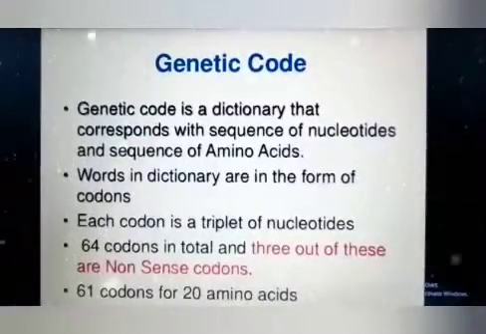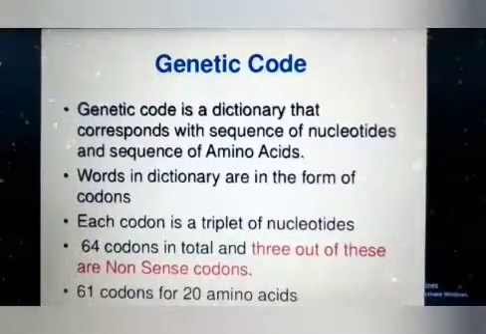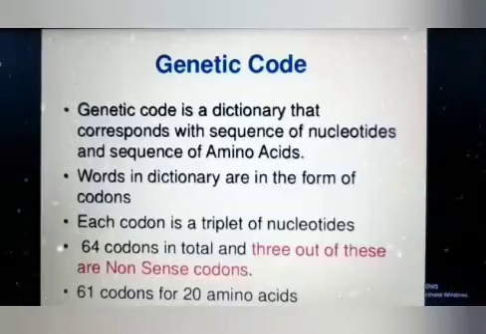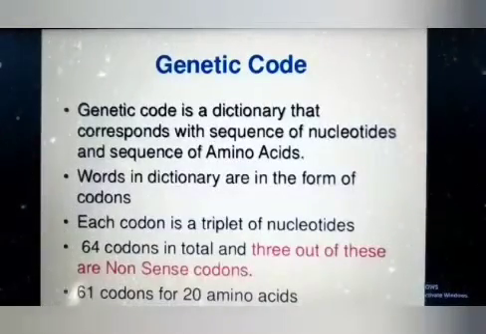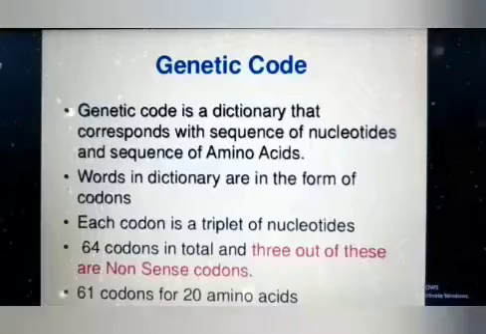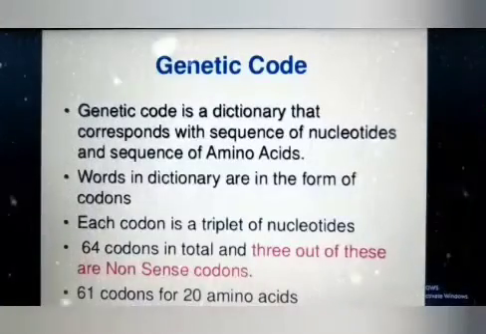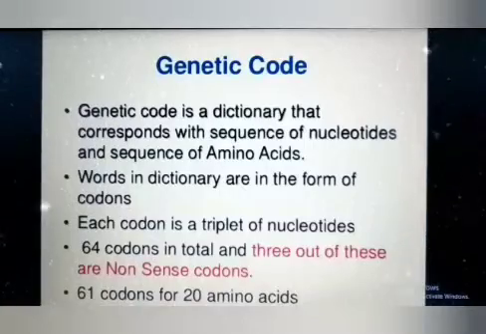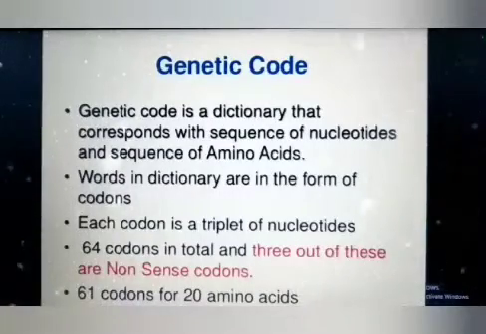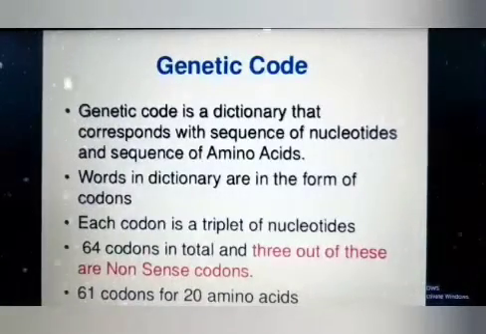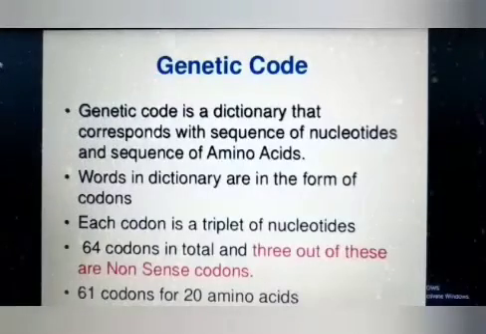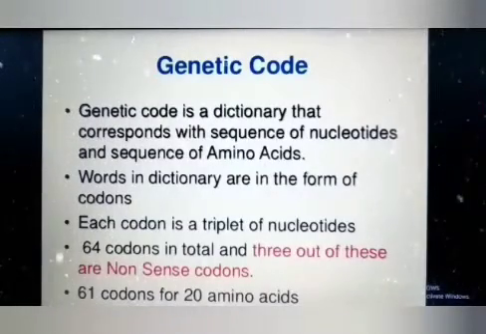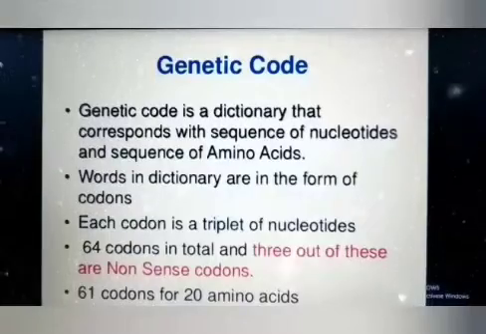Here is the genetic code. What is genetic code? Genetic code is a dictionary that corresponds the sequence of nucleotides with the sequence of amino acids. Words in the dictionary are in the form of codons, made of A adenine, G guanine, T thymine and C cytosine.